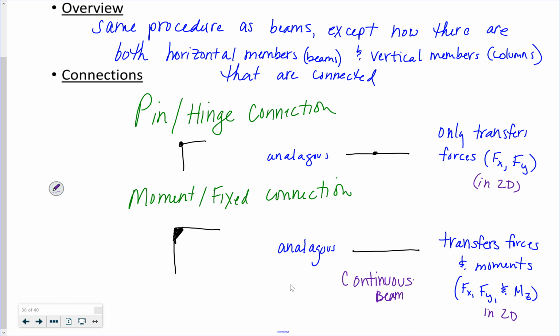If this was 3D, it would be Fx, Fy, Fz for a pin, and Fx, Fy, Fz, Mx, My, Mz. Depending on the case, the moment connection could only be in one direction, which it likely will be, but yeah.